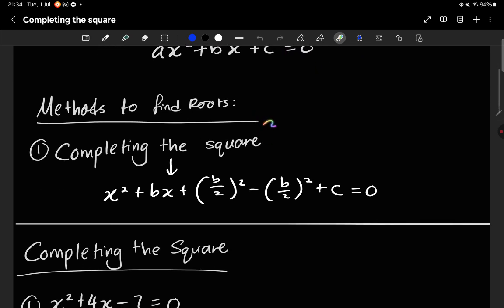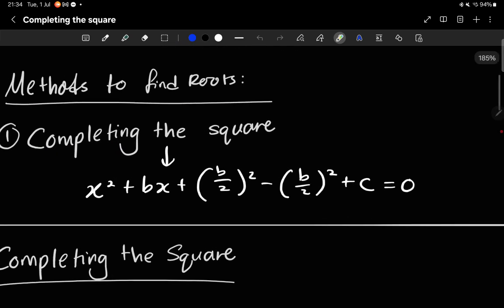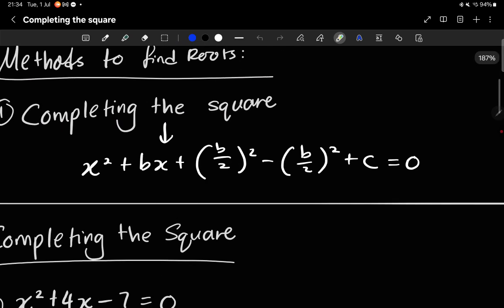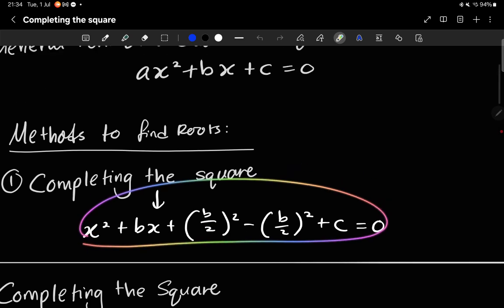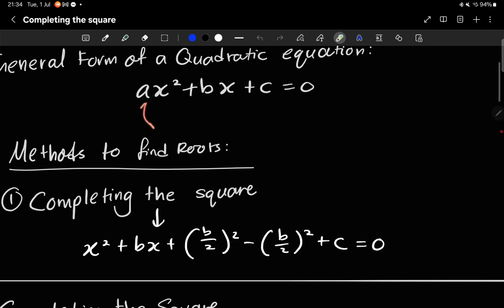So how do we find the root using completing the square method? Now if you look here, I've written here how the formula actually works, and that is by rewriting down the equation, okay, x squared, and remember that when completing the square, we have to make sure the a is equal to 1.